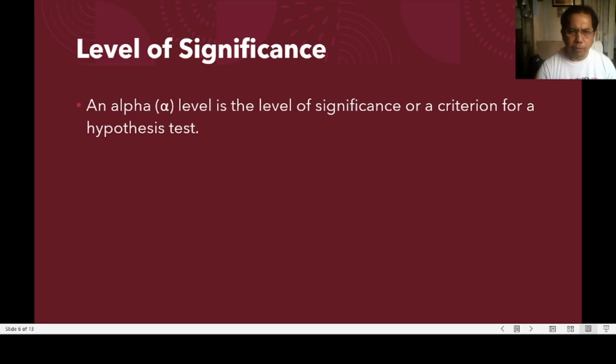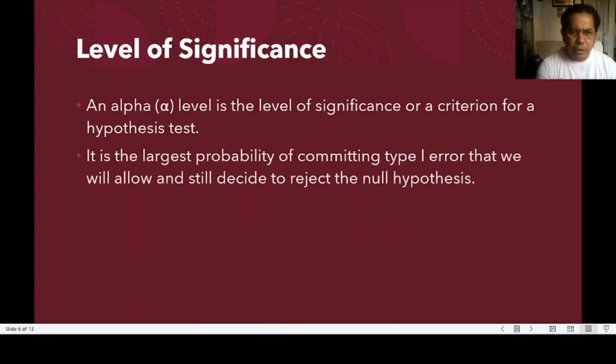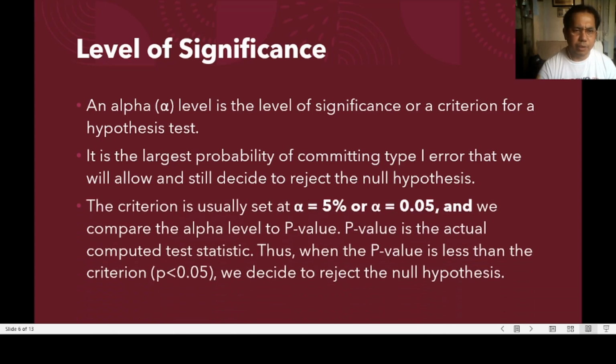It is the criterion for the hypothesis testing. It is the largest probability of committing type 1 error that we will allow and still decide to reject the null hypothesis.